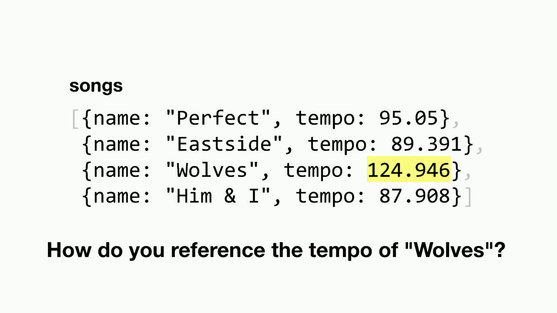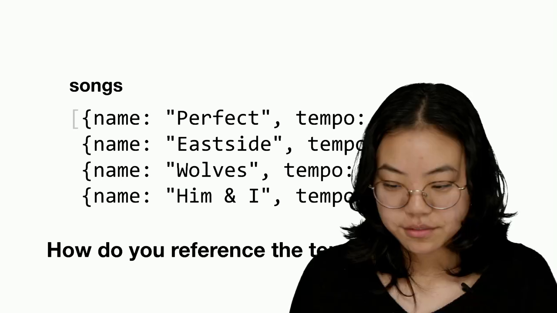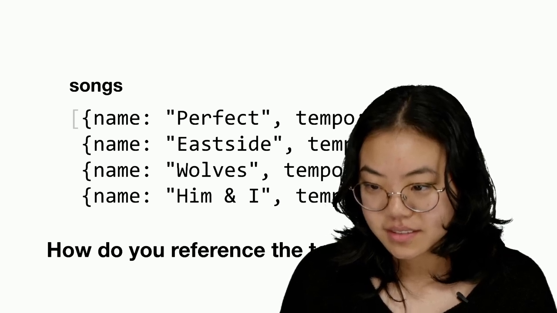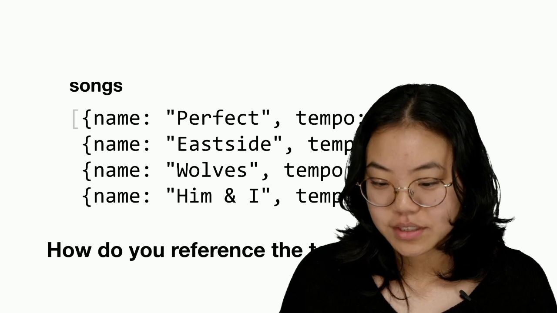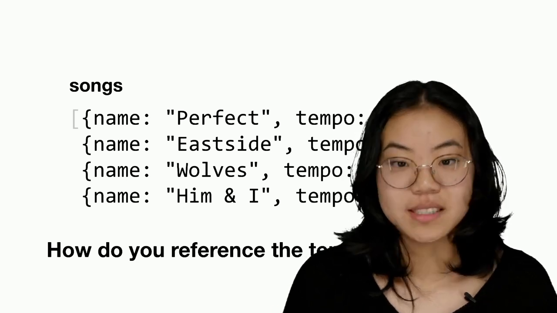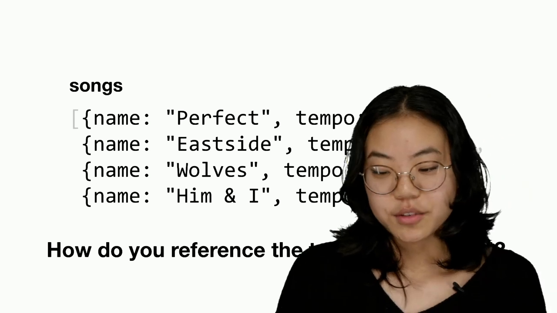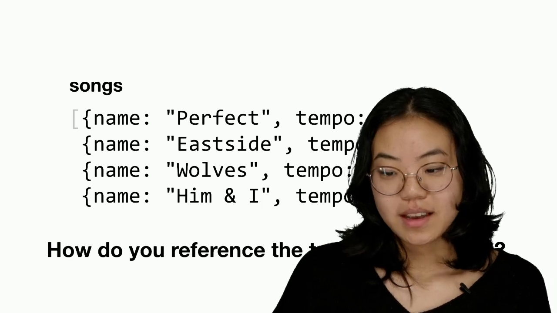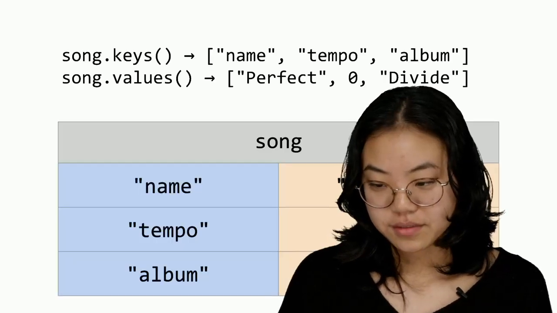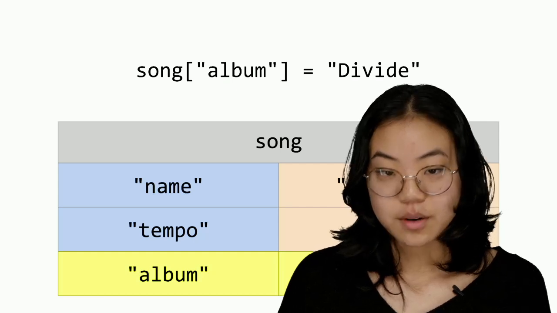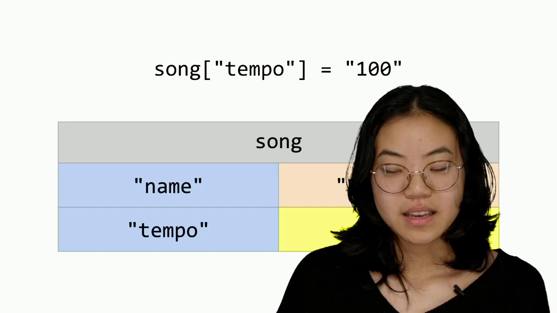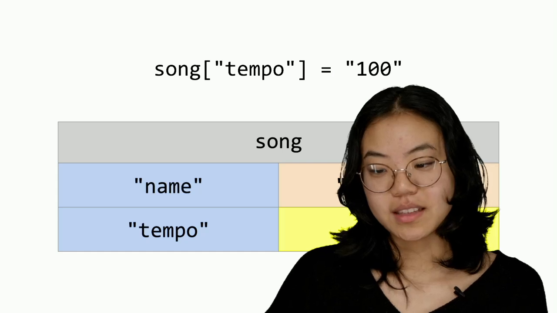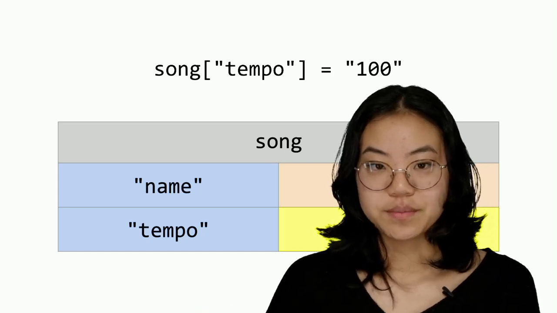Okay, so we're seeing some suggestions here. So we can use the fact that songs, we know that it's the 3rd element, which is index 2. So it would be songs, and then our square brackets 2. And then just as we have the square bracket notation here, you could do songs, square bracket 2, and then square bracket tempo.